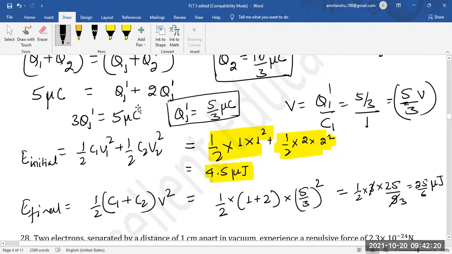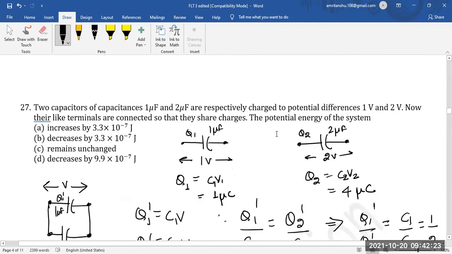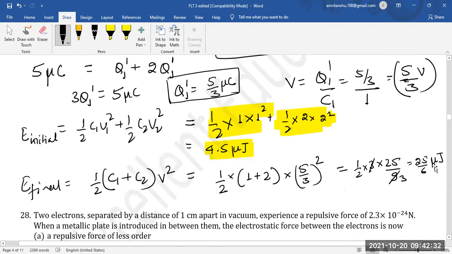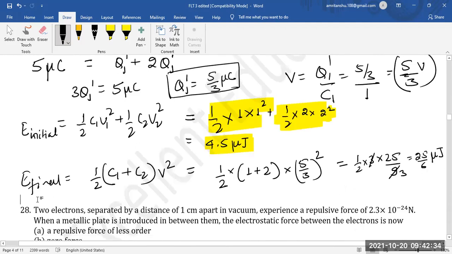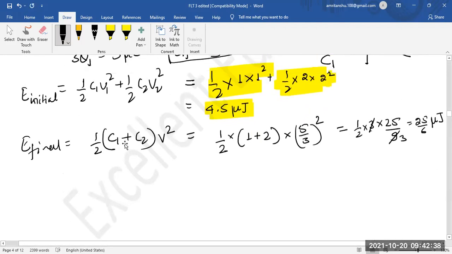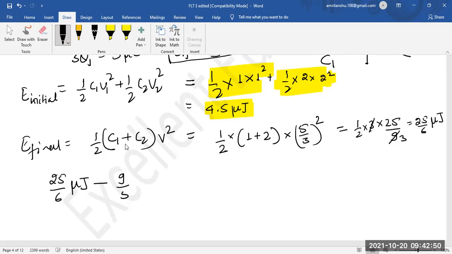So final minus initial, we need to calculate potential energy, energy of the system. So we just need to see how much is the change in potential energy. So this is final minus initial. Let's do that. Final minus initial is how much? So this is 9 by 2. Okay, we just write it as it is.